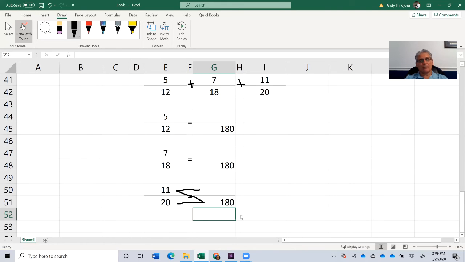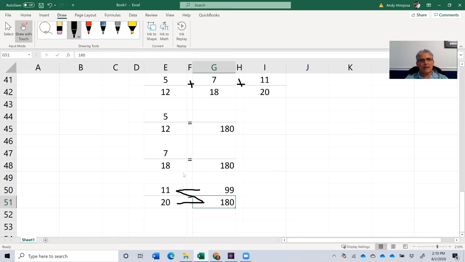So we have a backwards Z. 20 goes into 180 how many times? 9 times. 9 times 11, 99. So 11 twentieths is equivalent to 99 over 180.